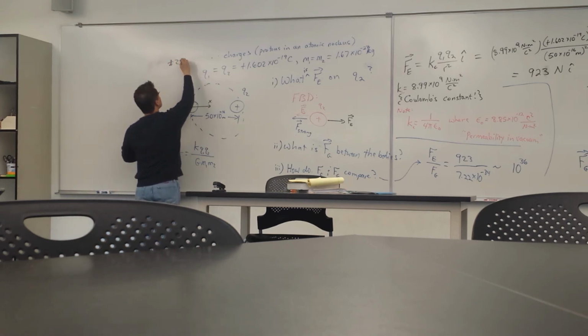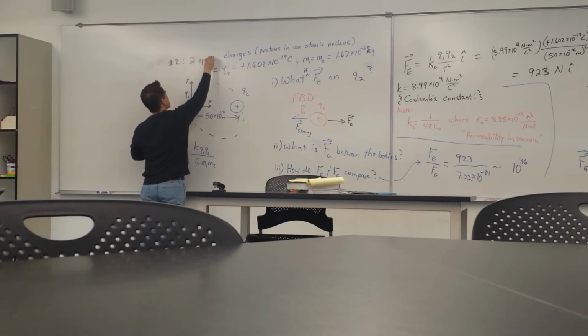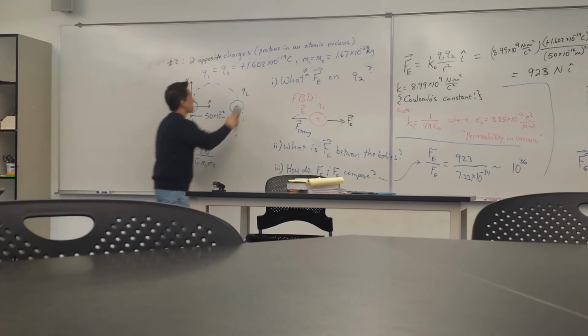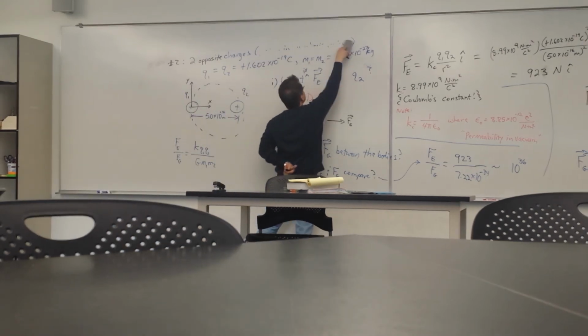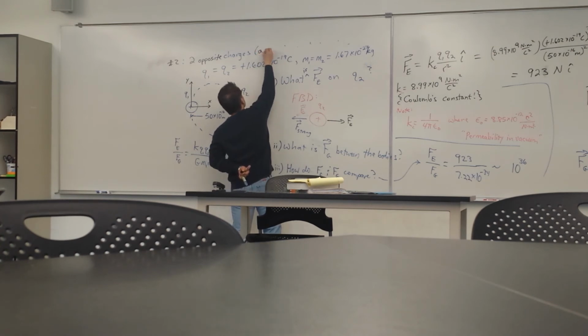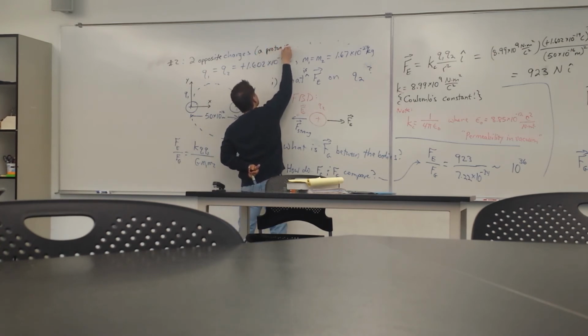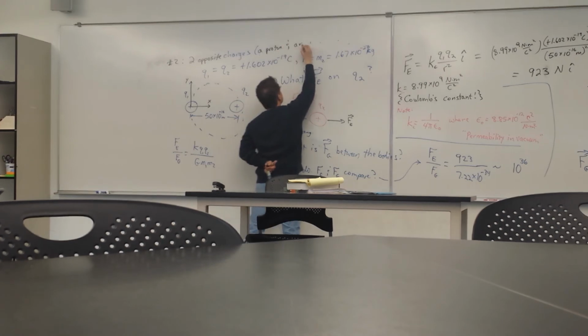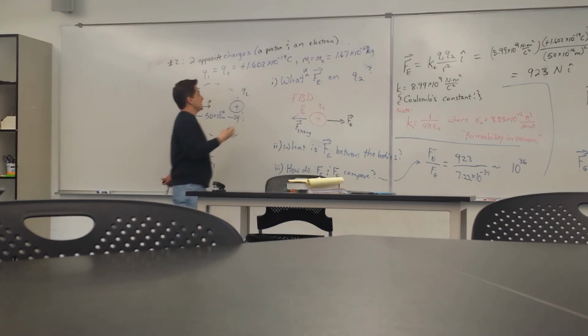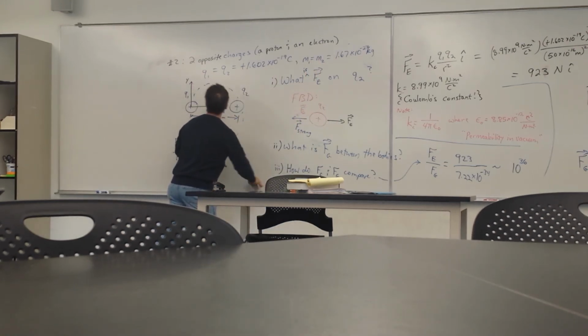In this case, a proton and a negative charge electron. And let's change their separation distance from 5 times 10 to the negative 16th to 5 times 10 to the negative 11.